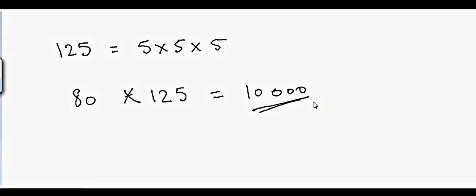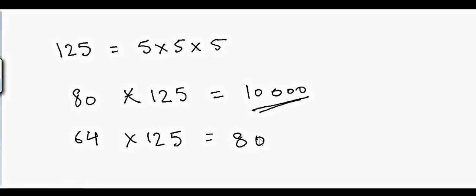Again, let's take another example. If I have 64, as we know 8 into 8 is 64. So in this case, if I multiply by 125, that will be equal to 8, because we divided 64 by 8, and then put 000 in the end.